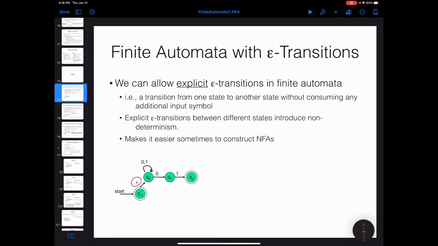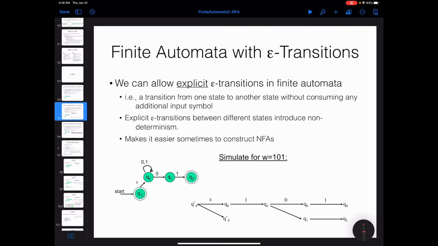So epsilon transitions just inject non-determinism into your finite state automaton. Without reading anything from the input, you can either stay at Q0 prime or move to Q0. Just think about it in this way.